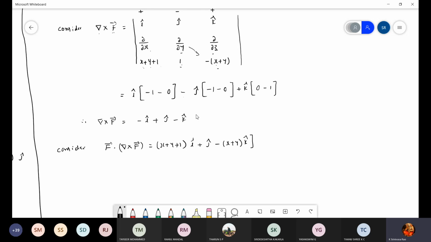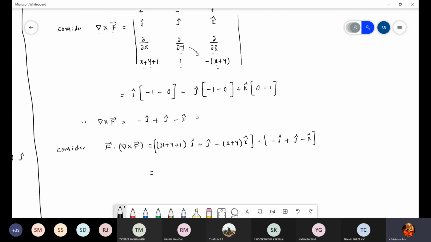This is the first vector, with dot between, and curl f we calculated: minus i cap plus j cap minus k cap. Yes, calculate the dot product. How to calculate the dot product? Just usual multiplication: first component with first, second with second, third with third. You should not write i, j, k. The dot product is always a scalar.